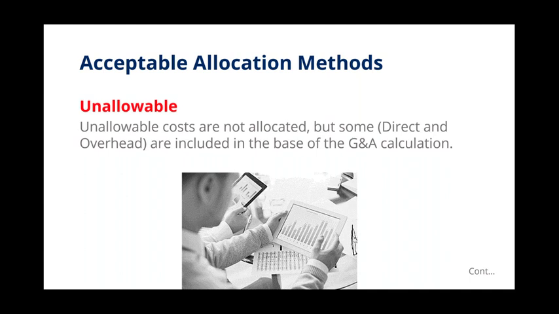And part of the reason for that is really a bit of an additional penalty of sorts. It's not an extra cost, but it's kind of an extra penalty in that not only is the cost unallowable, but you're now forced to spread G&A over those unallowable costs. So now a portion of your G&A expenses are non-recoverable. You will not get those back in your billable rates.